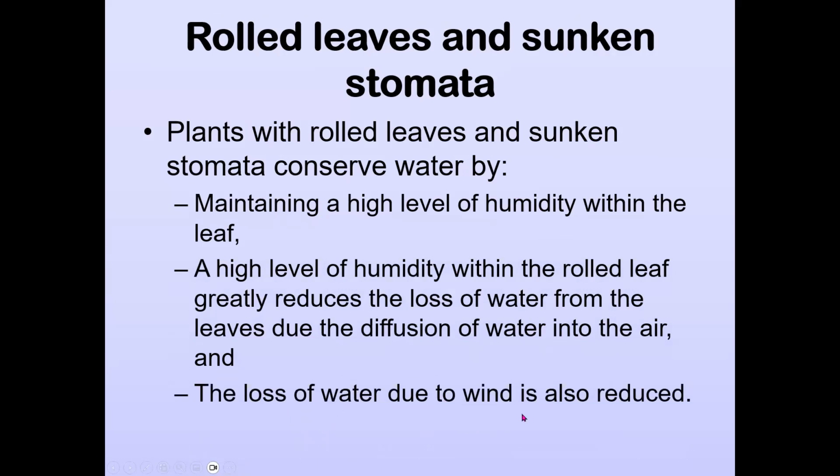Now, wind is a plant's worst enemy. When it's windy, it just takes the water away. In a moderate or jungle type situation, or a temperate situation, in Australia it's called temperate, like here where we are now, except the desert, water is not an issue.